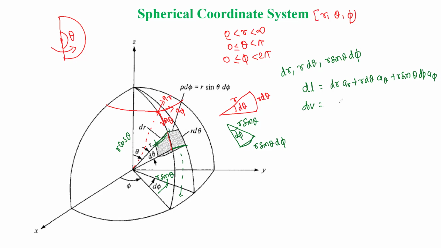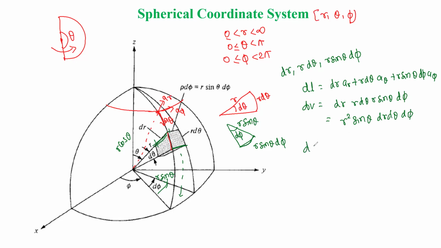The differential volume is again the product of all these things. So dr times r d theta times r sin theta d phi. Now if we rearrange this, what are we going to get here? r squared sin theta dr d theta d phi. This is the differential volume.